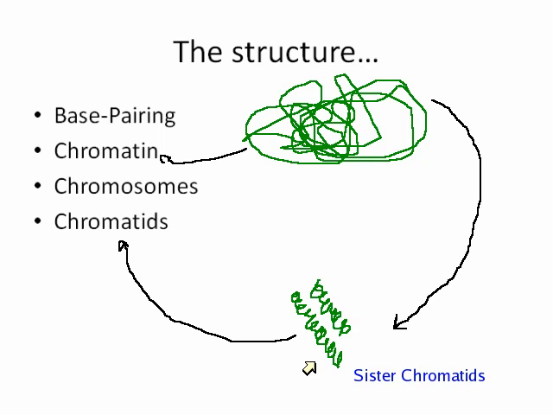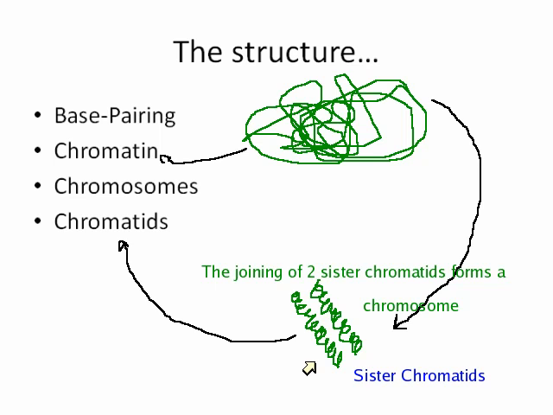And that sister chromatid would be lined up and matched with the first sister chromatid. So the joining of two sister chromatids forms a chromosome. Now, typically biologists get lazy and the general public gets lazy, and we kind of consider all of these to be chromosomes.